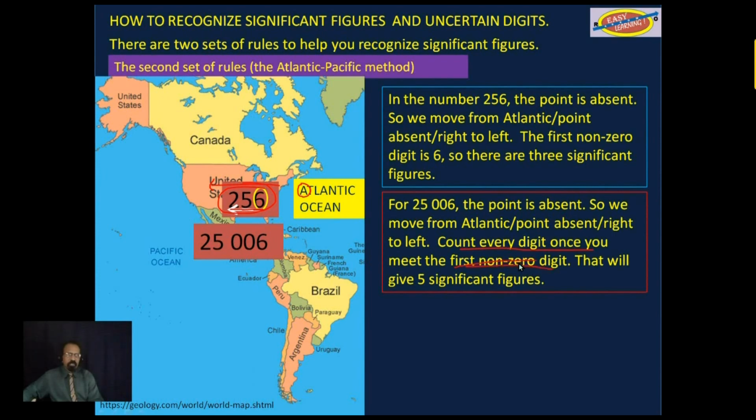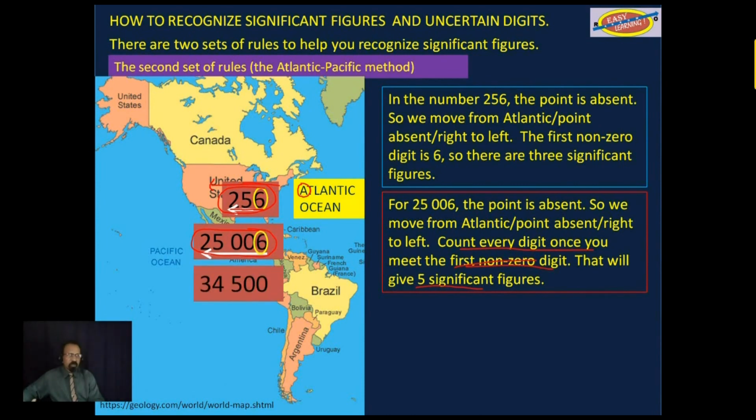So the first non-zero digit is 6. We count 6, 0, 0, 5, 2. So we have actually 5 significant figures, all of them: 2, 5, 0, 0, 6. Once we have the significant figures, the one on the far right is the uncertain digit. So 6 in this case is our uncertain digit.